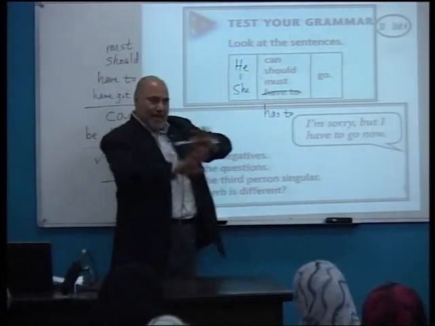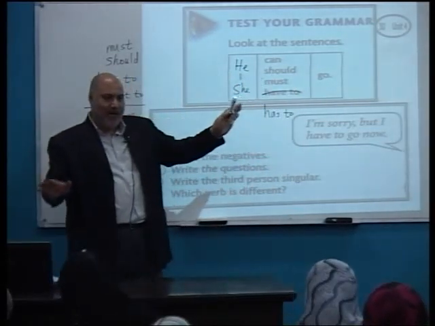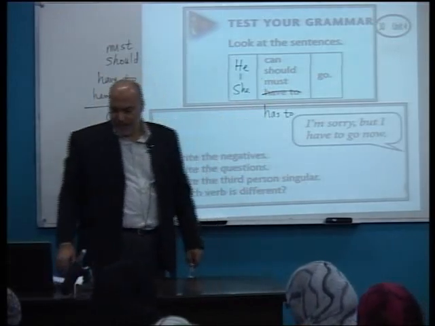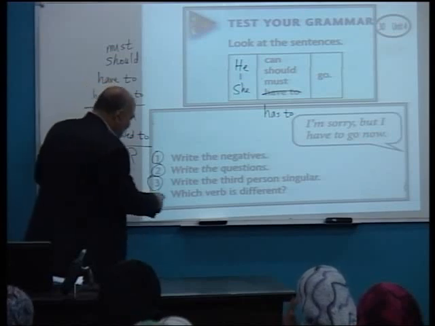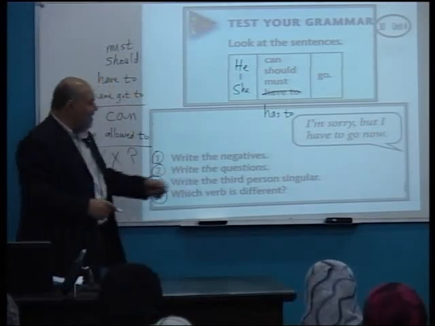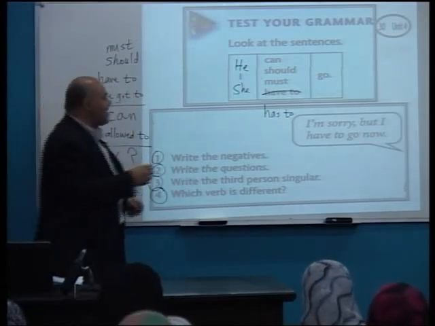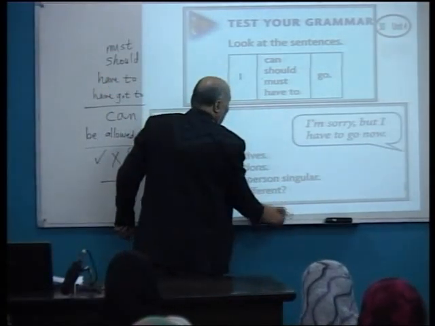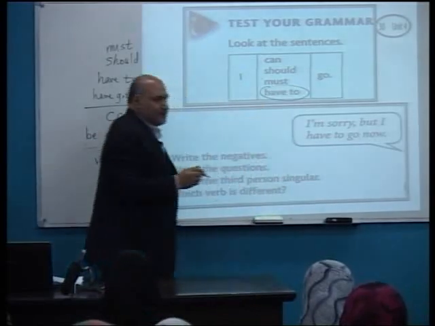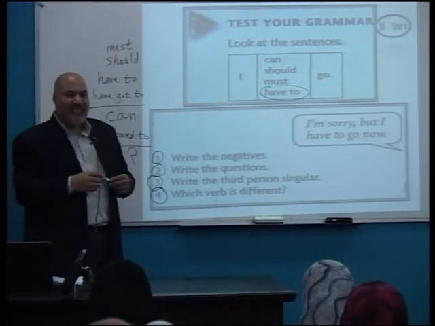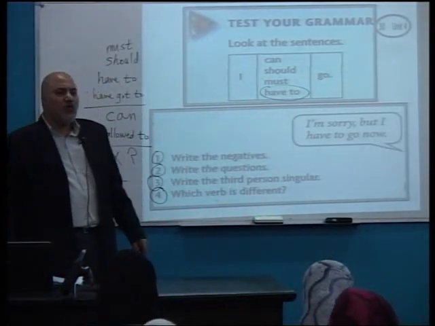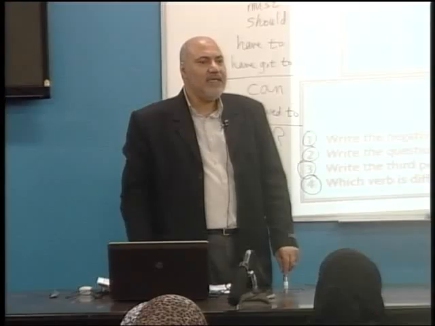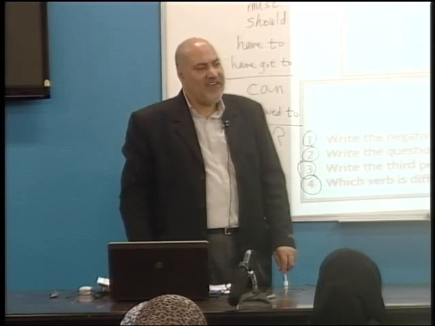But with the modal, the same. But with the full verb have to, it's different. Has to. Now, which verb is different? Have to is different. Why? Because it has the meaning and the use of the modal verb, but the form is of the full verb.